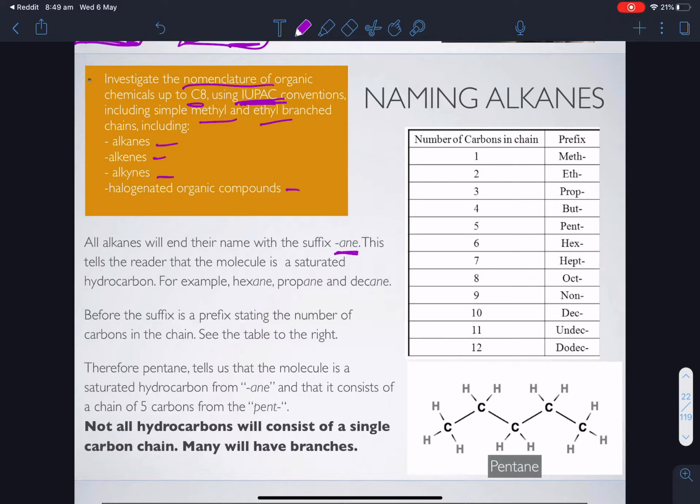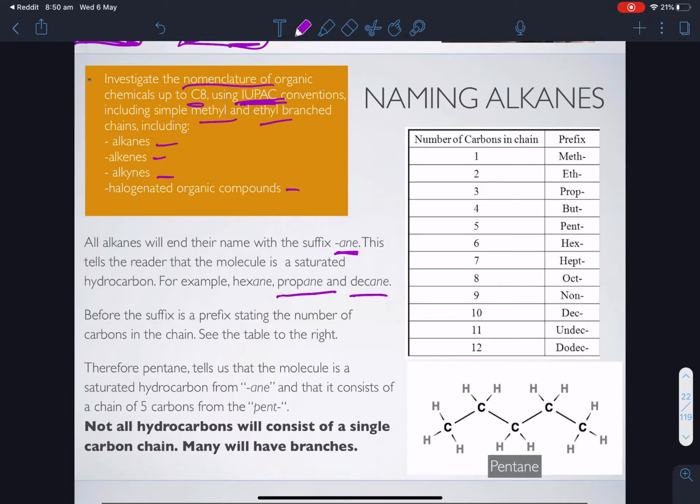When you see a word ending in ane, it tells the reader that it's a saturated hydrocarbon, an alkane. For example, with hexane, don't worry about the hex yet, the ane on the end tells me we've got an alkane. Also with propane and decane.